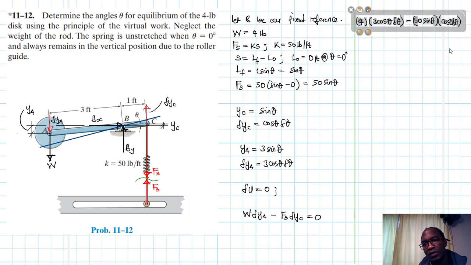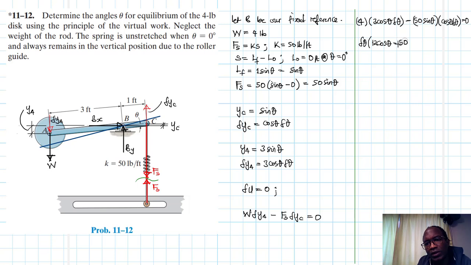Can we do this like so? Then this is equal to 0. Right, so let's write this. So this will be equal to, factor out del theta, then we'll have a 12 cos theta minus 50 sin theta cos theta, then equal to 0.